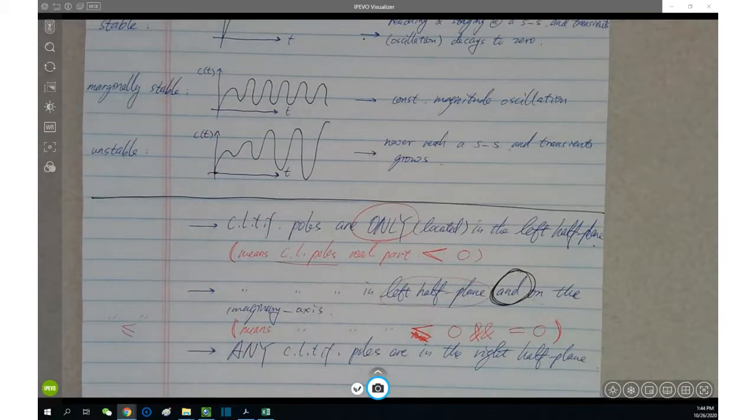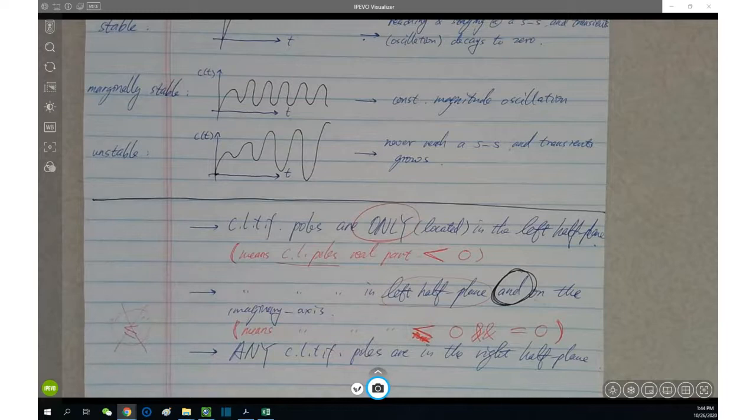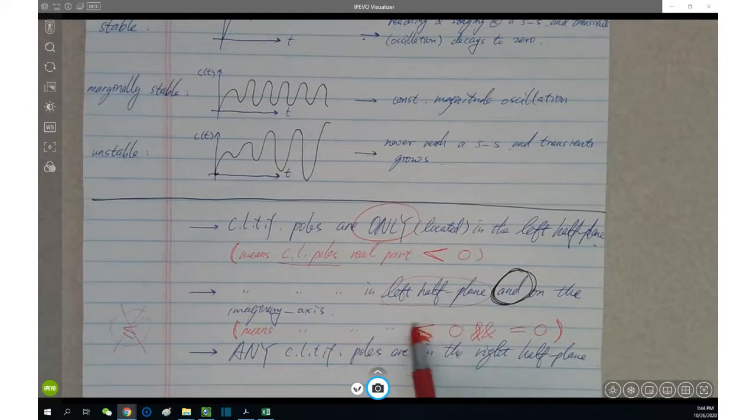Does this logic make sense? So this simple notation is not quite accurate. I don't like this. I label them as less than 0, which means left half plane, and on the imaginary axis. Any questions? Does it make sense?